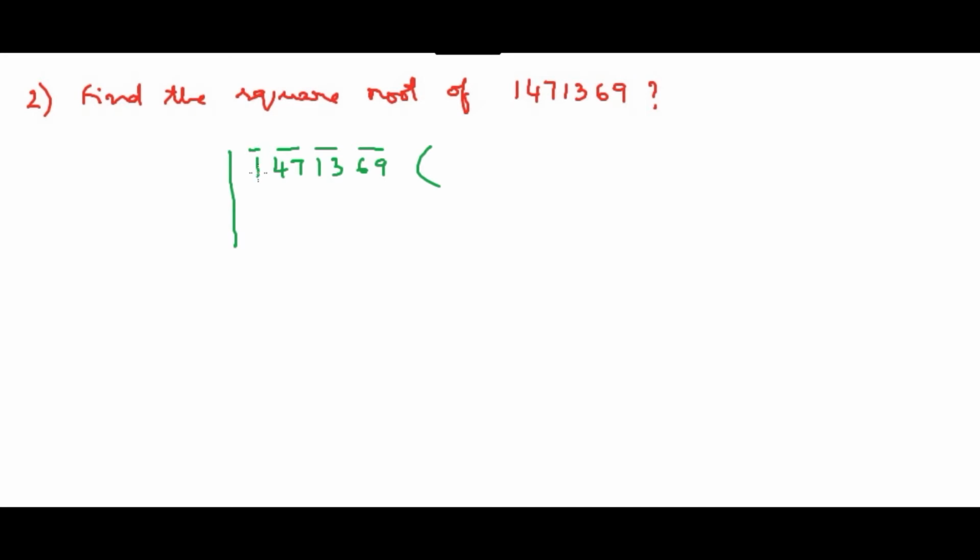First, only one digit is there, and this is divisible by 1 with 1. So 1 ones are 1. Now we need to take 43 directly. Two digits we need to take directly, and we need to multiply 1 with 2. So that will be equal to 2.